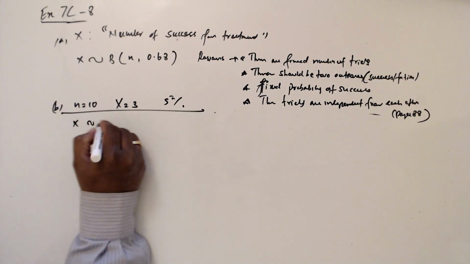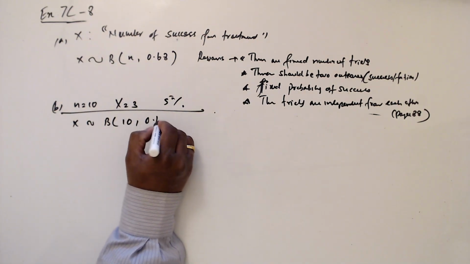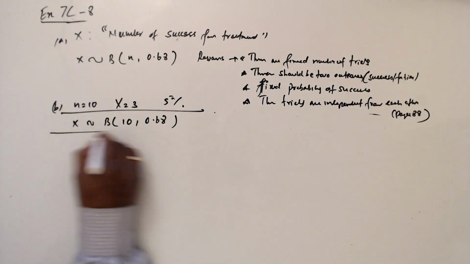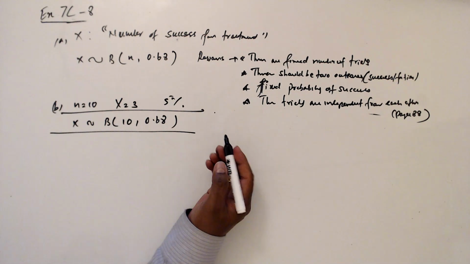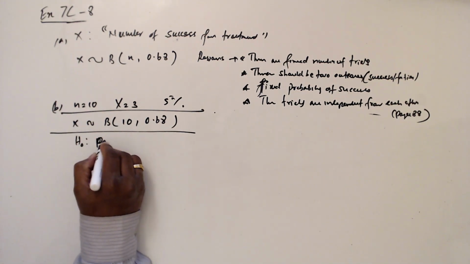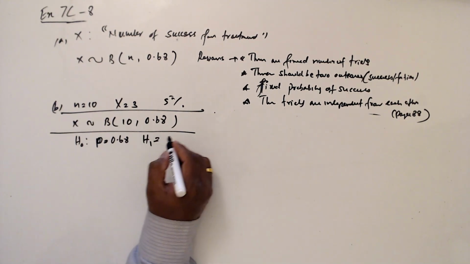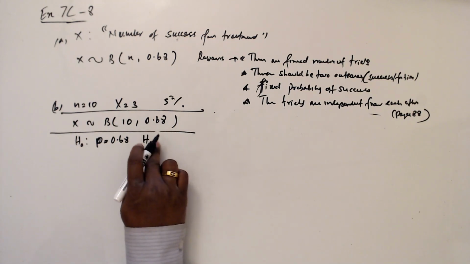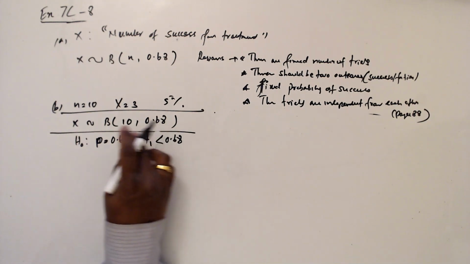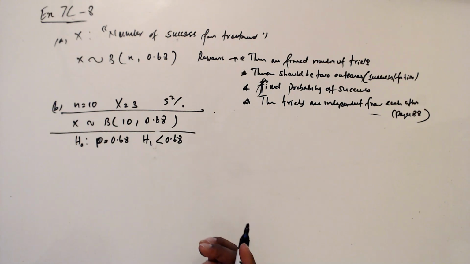So X follows binomial 10, 0.68. It is thought that the standard treatment was not effective. So H naught is P equals 0.68, and H1 is P less than 0.68. It is a different distribution, less than 0.68.